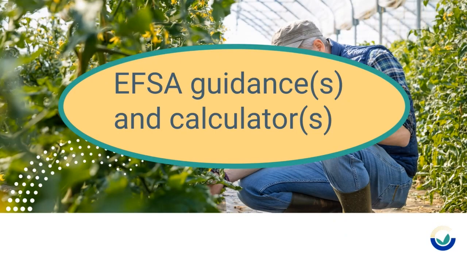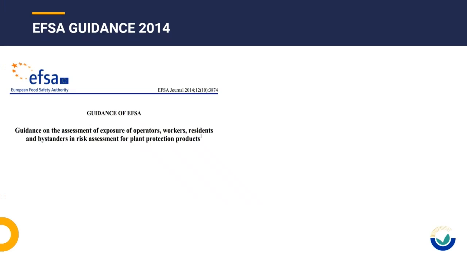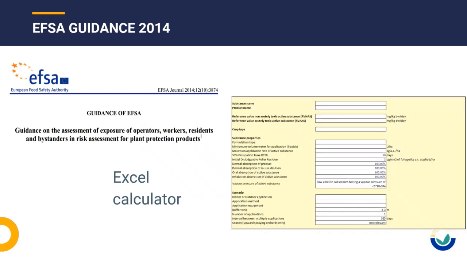The second part of my introduction will give you a short description of the EFSA calculators that were developed together with the EFSA guidance. The first EFSA guidance was developed in 2014, together with an Excel calculator, providing exposure estimates for the 3 groups: operator, worker, bystander, and residents.